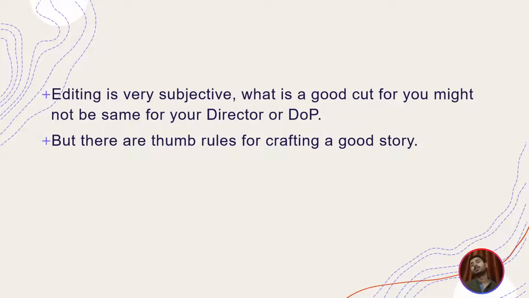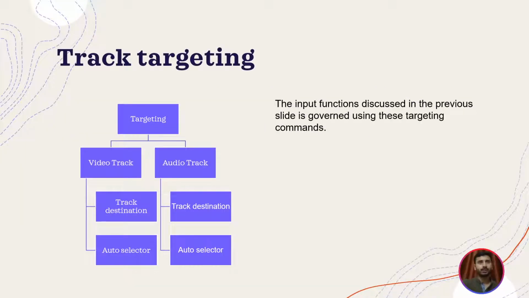I don't intend to break that discipline. Okay, so moving on, track targeting. We left off at track targeting. Track targeting is extremely important regarding your input functions and your edits. Track targeting has two components in itself: the track destination selection and the auto selector.